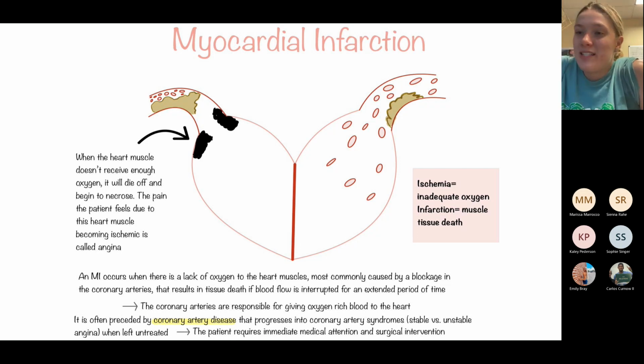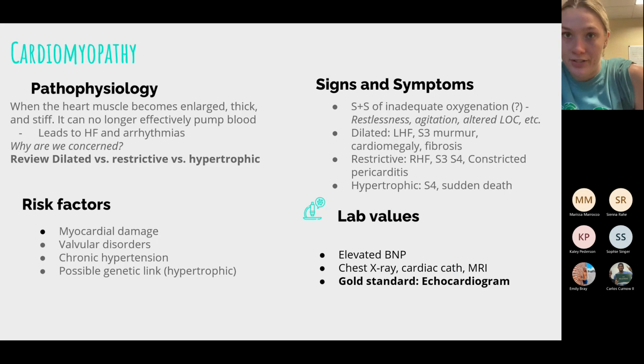Essentially, if you get a STEMI alert or an MI alert, and the patient comes into the ER, they have a 1 hour door to intervention window, meaning by the time they enter the ER, I need to get them under for a cardiac cath within an hour because I need to open up those coronary arteries. If I don't, there can be irreversible damage, often preceded by our CAD.